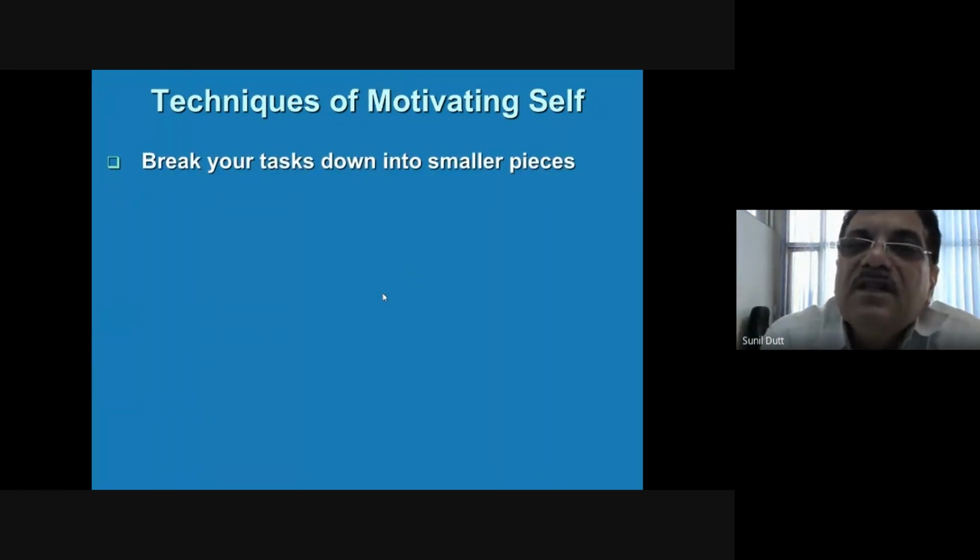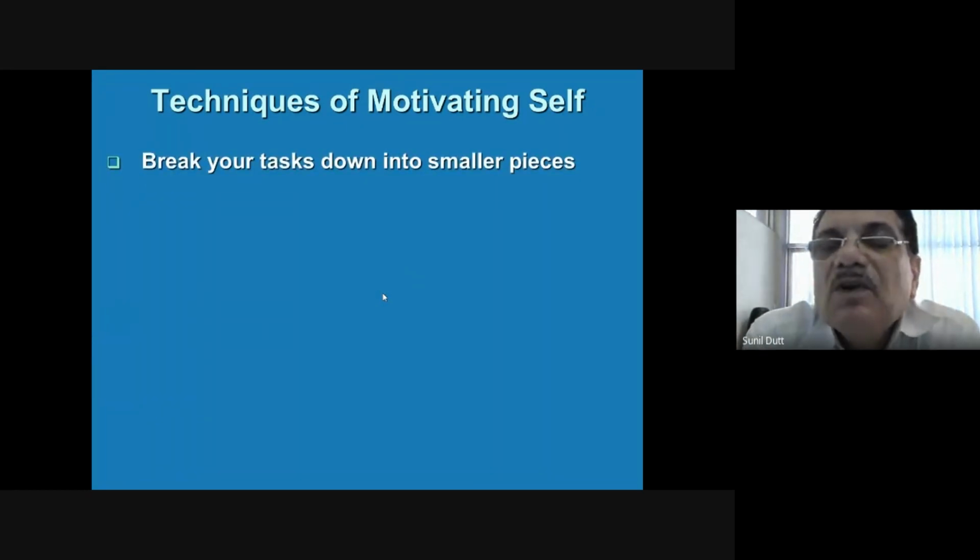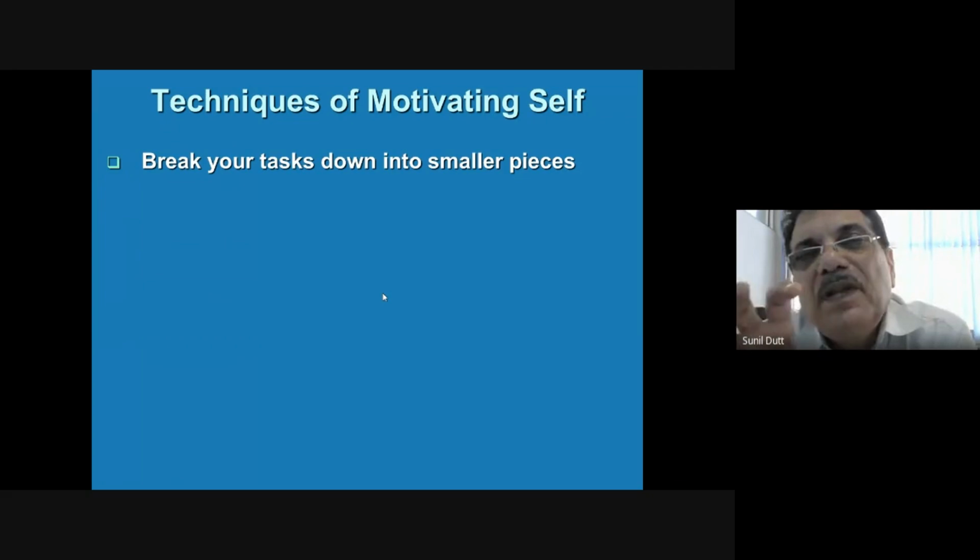Break your task down into simpler, smaller pieces. Sometimes the task seems so large and you do not know where to start. So please do the task analysis, that for this particular assignment I have to do this, then this, then this, then this. Prioritize.